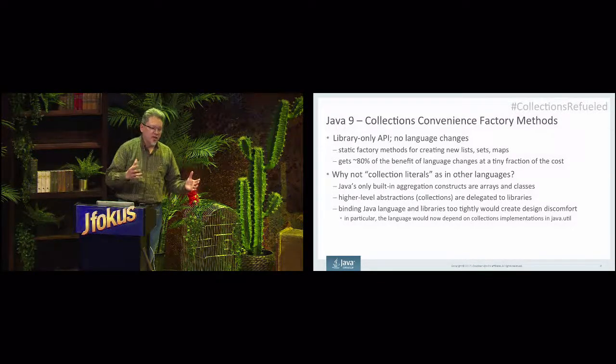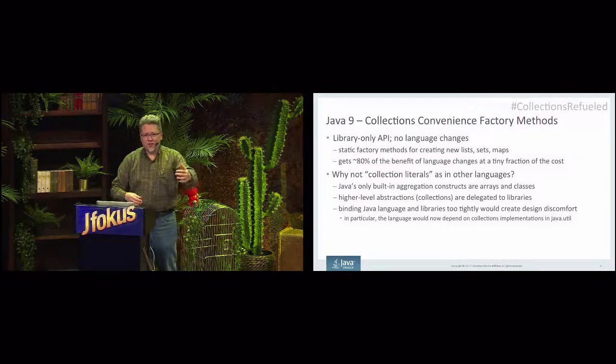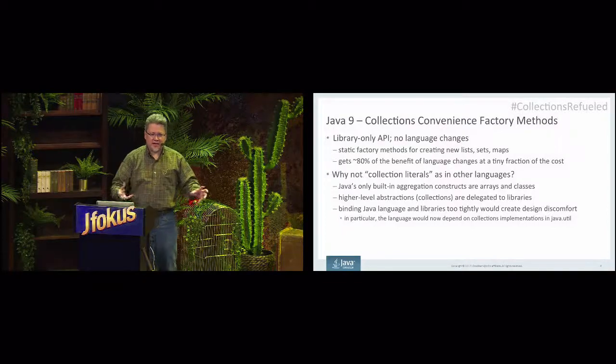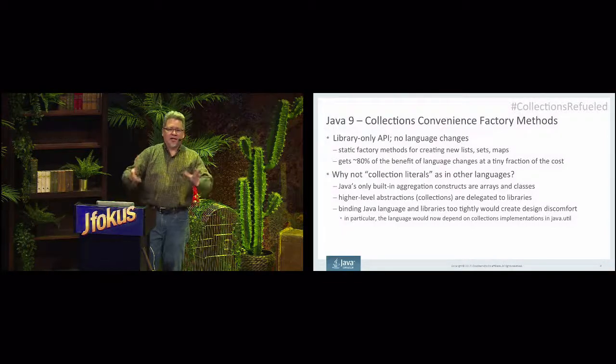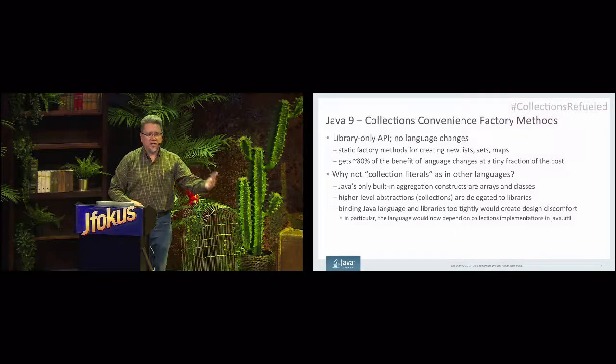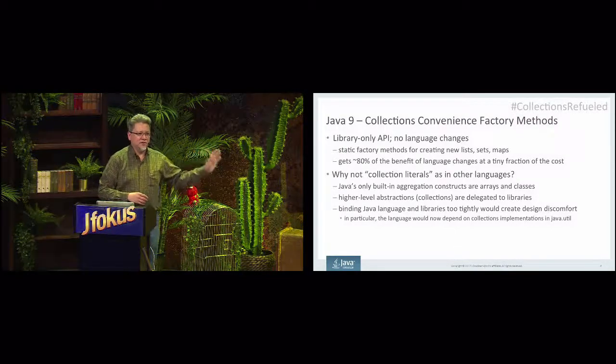Now, we could have done more work and added another layer of indirection and have like a factory for collection literals that indirected through something and delegated it to some collections implementation, so that in the future we could use collection literals to create instances of other collections, or you wanted to add a third-party library that would use the nice hypothetical collection literal syntax to create instances of its own collections.